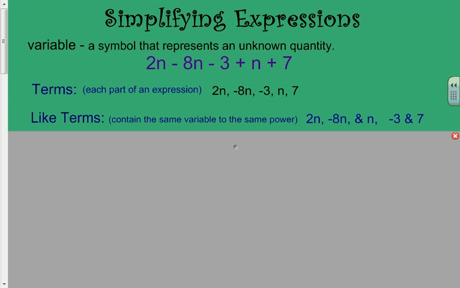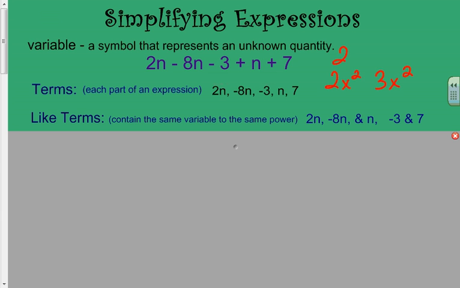Next vocabulary is like terms. Like terms contain the same variable to the same power. For example, in an expression, if you had 2x squared and then 3x squared, those are like terms because they are raised to the same power, the same exponent.